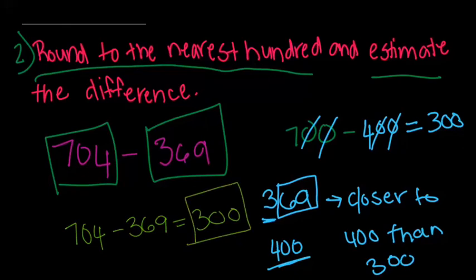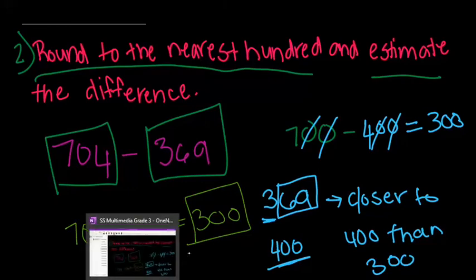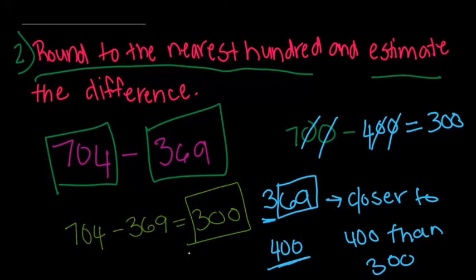To find the exact answer, you do not round to the nearest hundreds place, or estimate. You don't do any of those. You just straight away subtract these two numbers to get the exact answer. But we did this whole process to find the estimate, and that is not an exact answer, and you guys should keep that in mind.